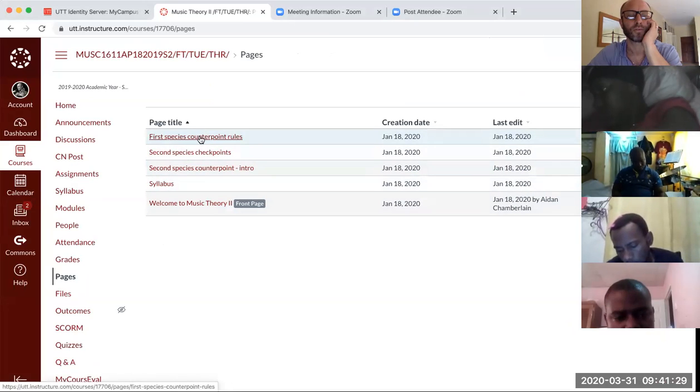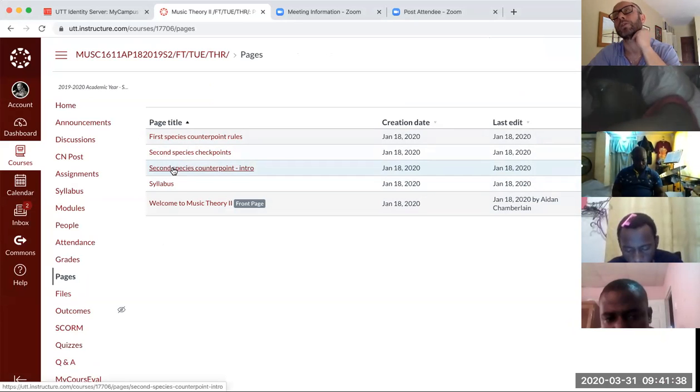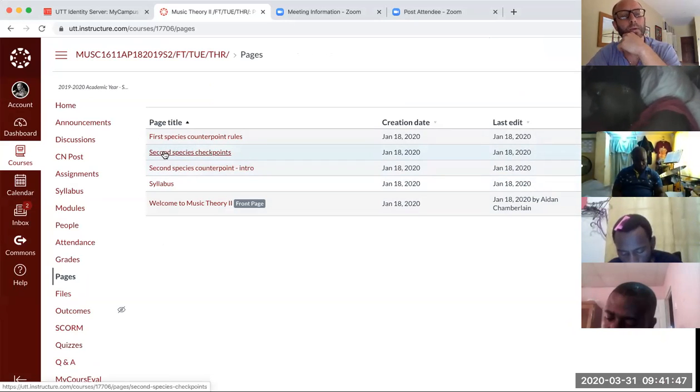There are rules for first species, the second species introduction, which we already looked at, and the checkpoints here that you can go through.